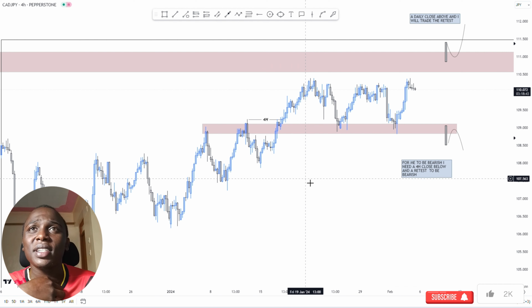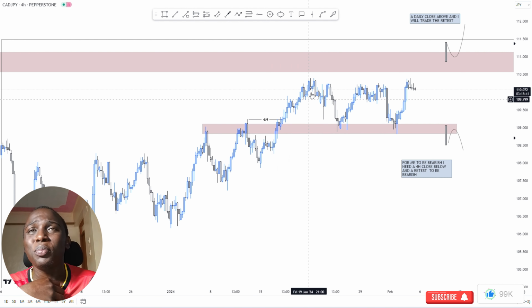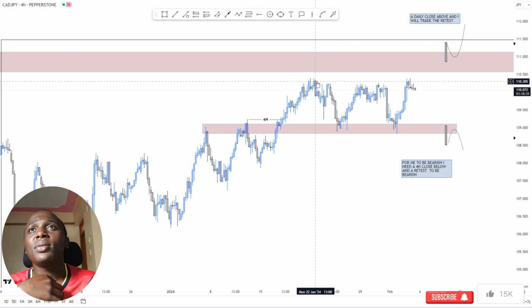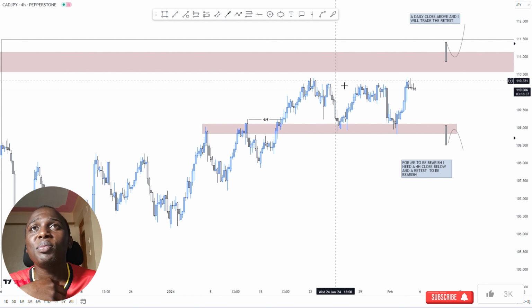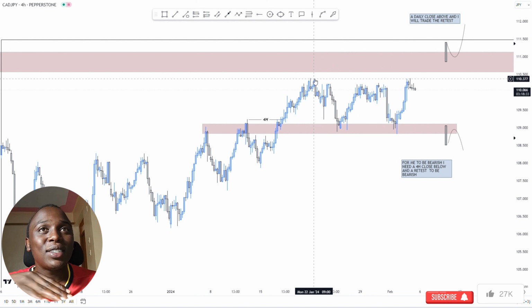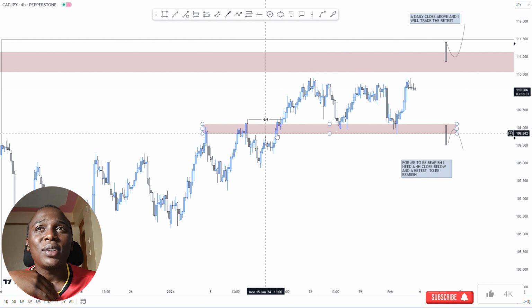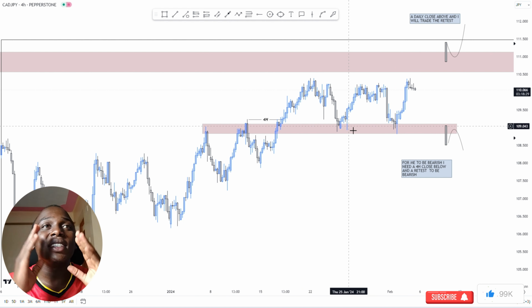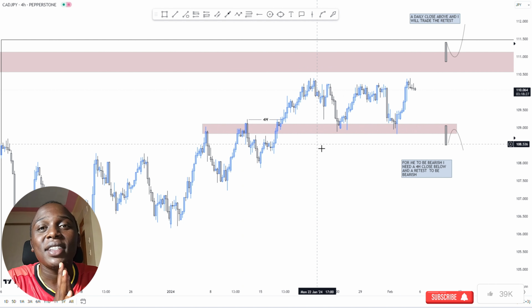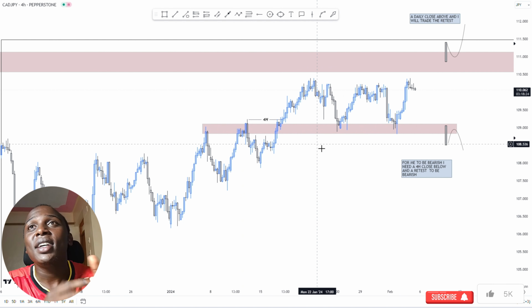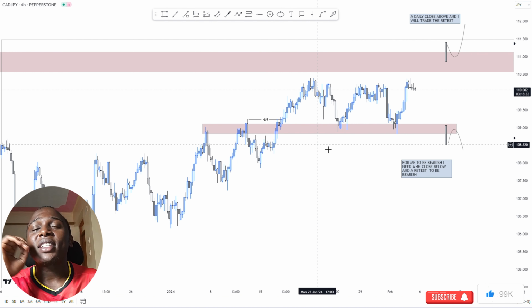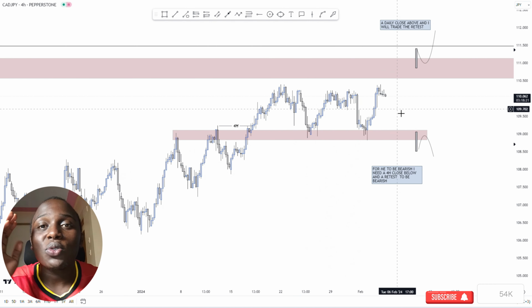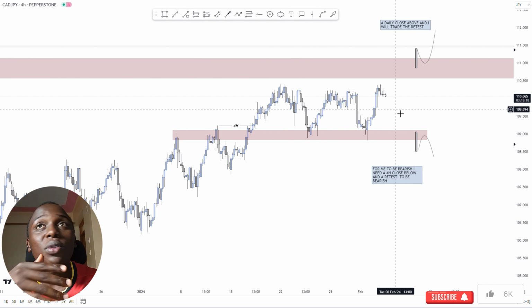It is kind of giving us a triple top. As you can see, price has not been able to close above this high, and neither has it closed below this low right here. So it is still bullish as far as structure is concerned, and these are the two scenarios I'll be waiting to see so that I can look for a setup in the market.